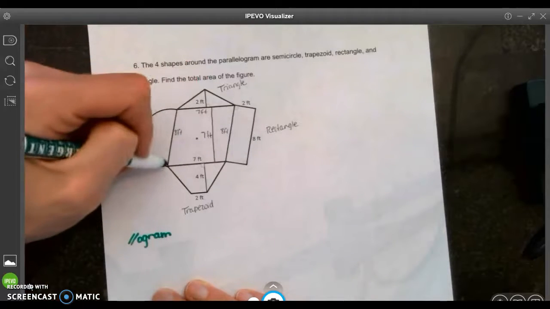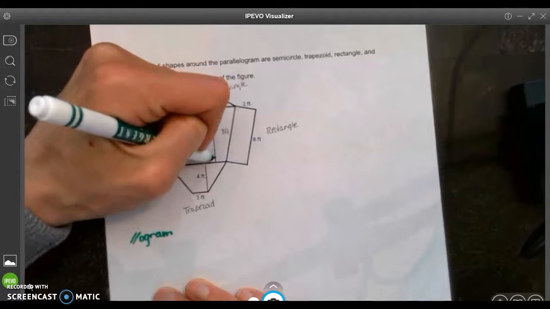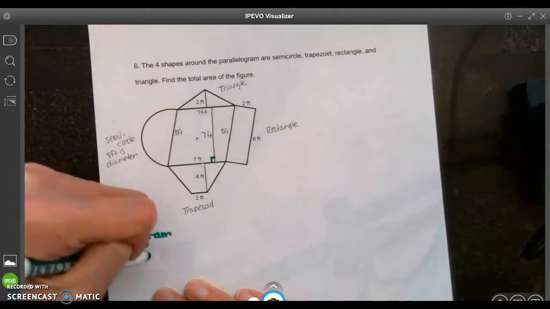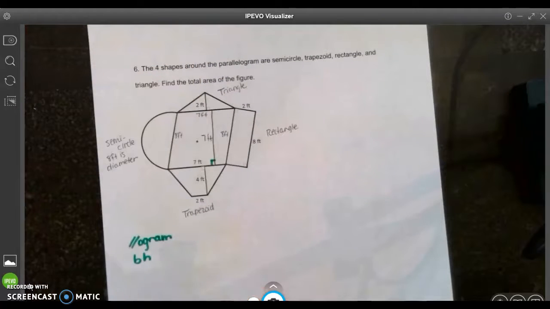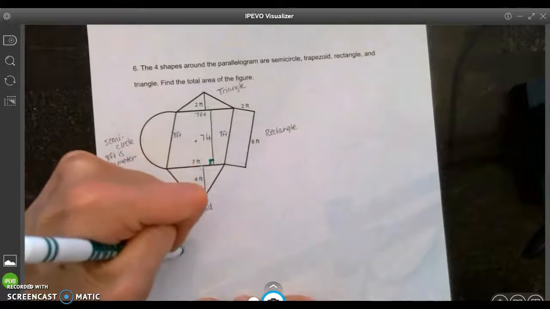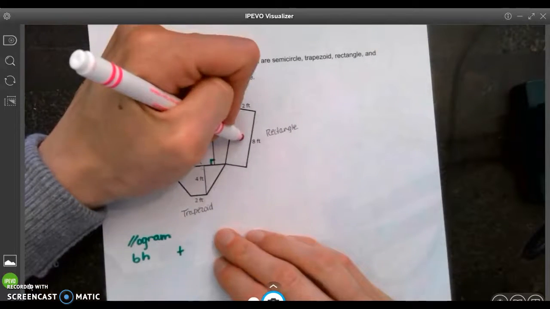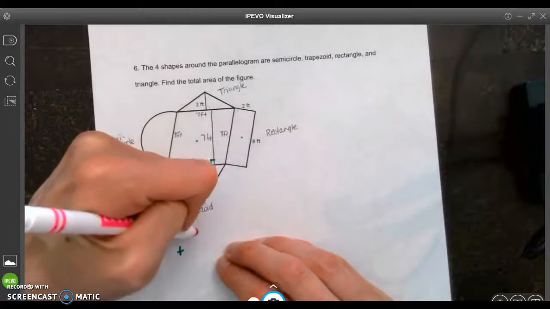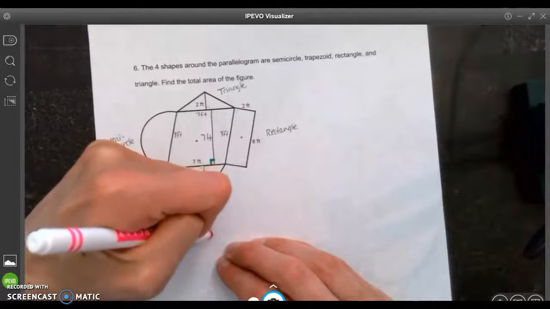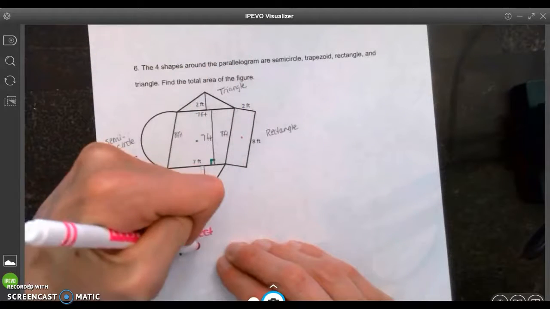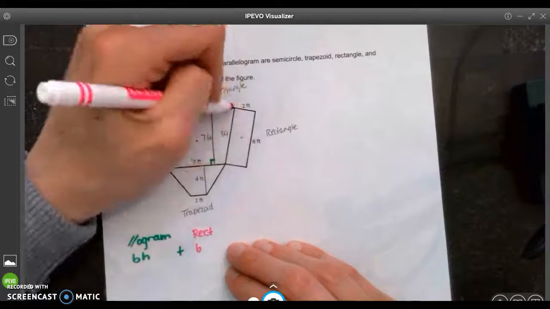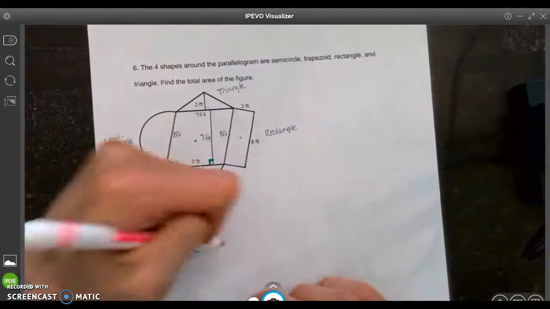It has a base of 7 and a height of 7. That's where our perpendicular is. So base times height there, 7 and 7. We're going to add that to the rectangle. We'll come over here to the rectangle, which has a base and a height of 8 and 2. So base times height, 8 times 2.